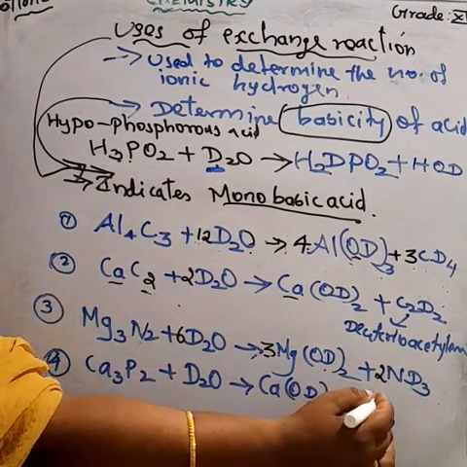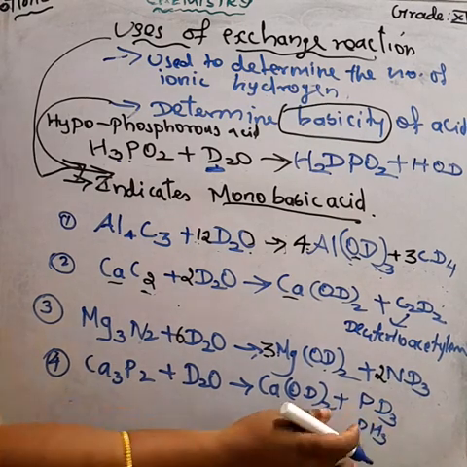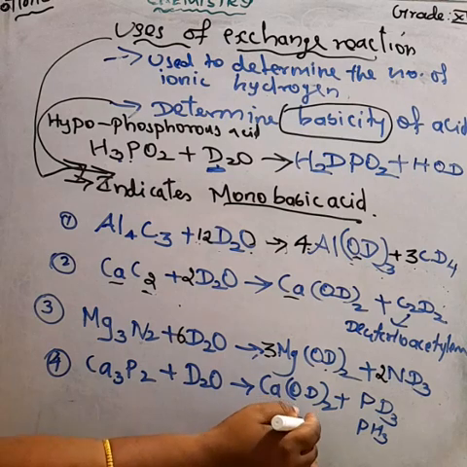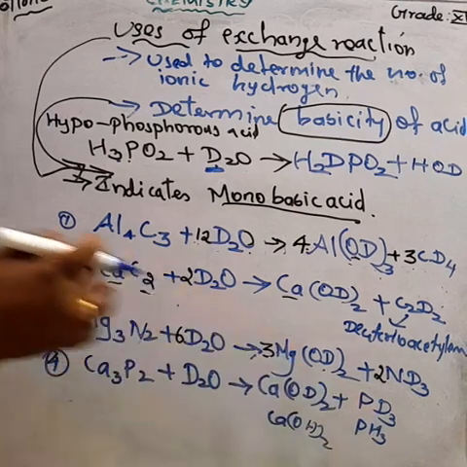If we use ordinary water, we get calcium hydroxide and phosphine, PH3. But here we are using heavy water, so we get PD3, deuteriophosphine.